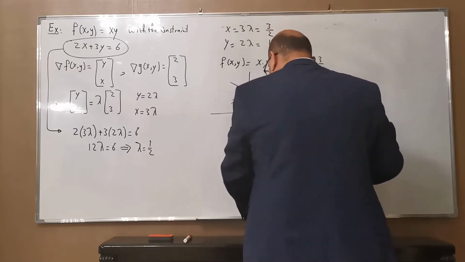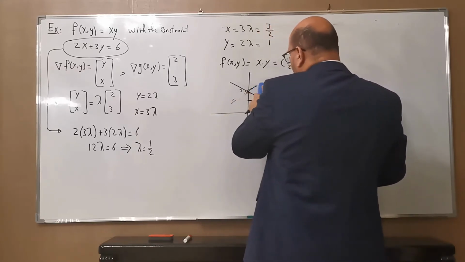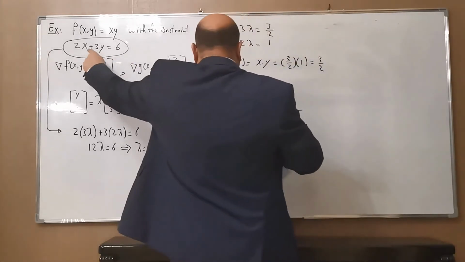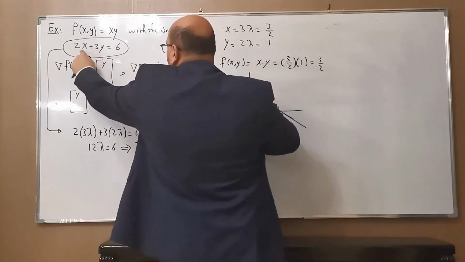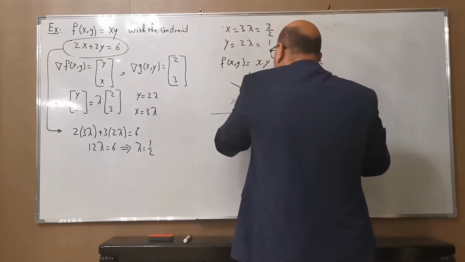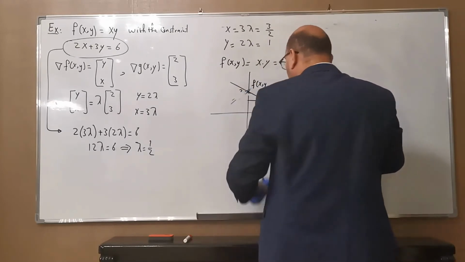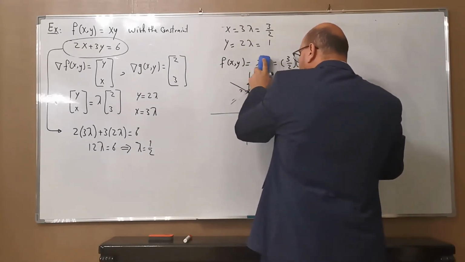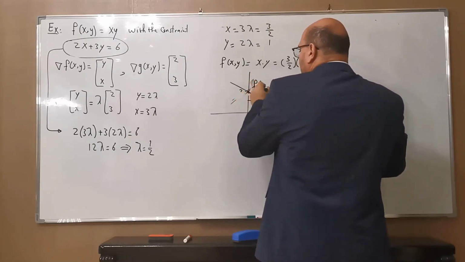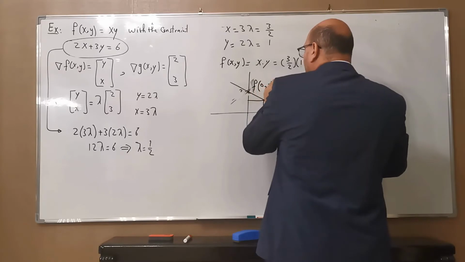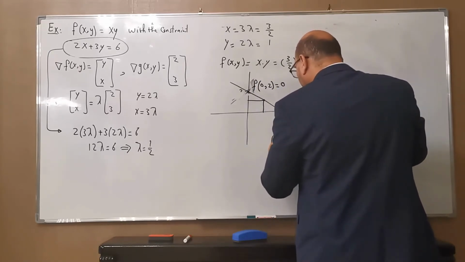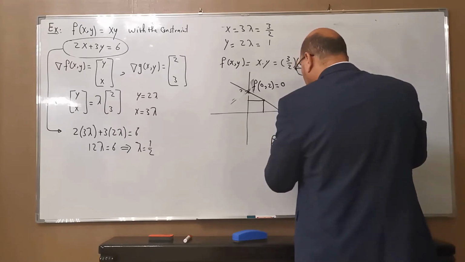So the function for y equals 2 and x equals 0 satisfies this constraint, and f of 0 and 2 is equal to 0. F of 3 and 0 is also equal to 0.